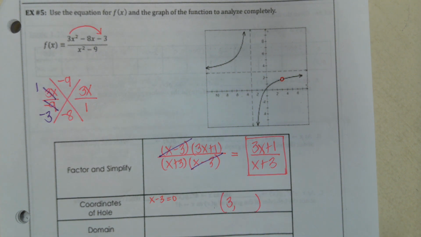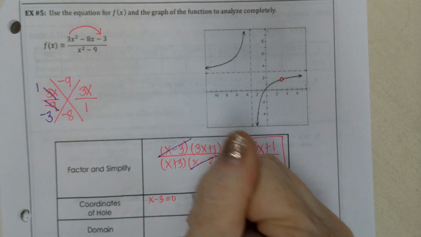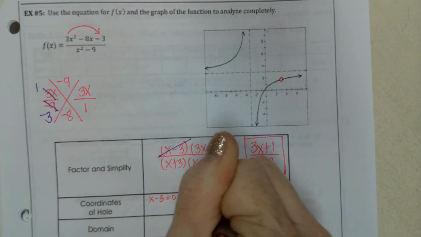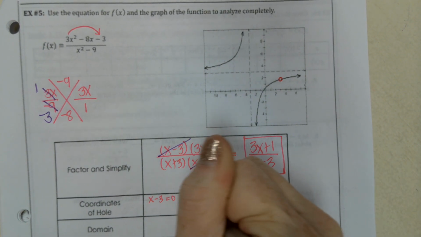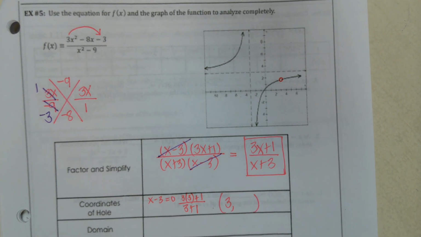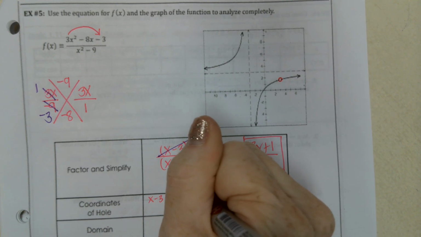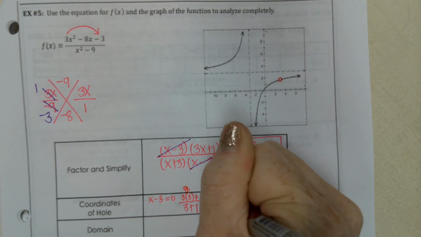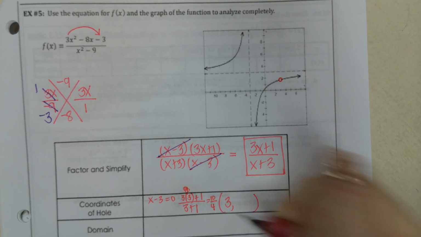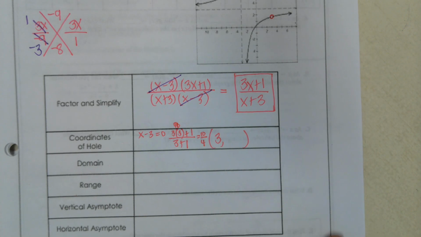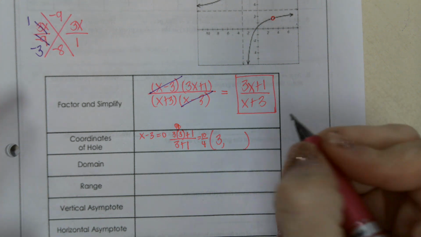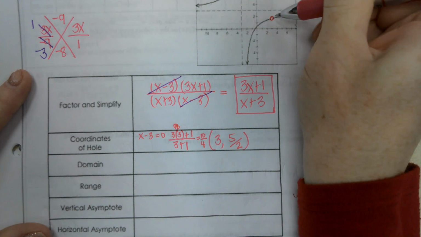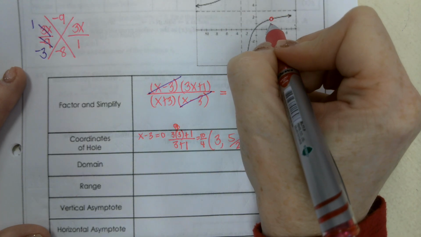But solving for the y coordinate, I am going to take the 3 and plug it into my simplified equation. 3 times 3 is 9, plus 1, so that's going to give me 10 over 4. Well, what does 10 over 4 reduce to? 5 over 2.